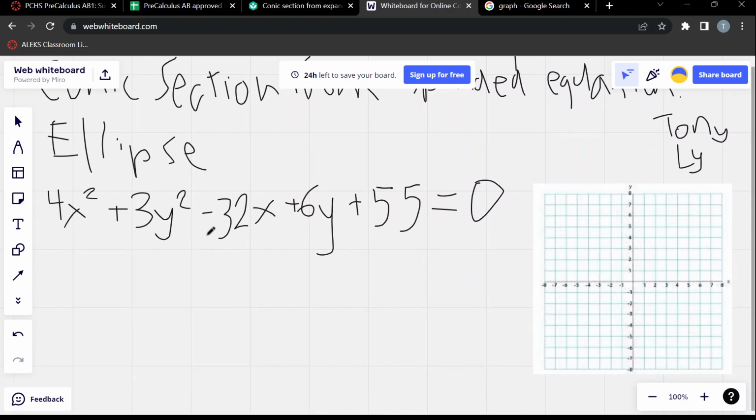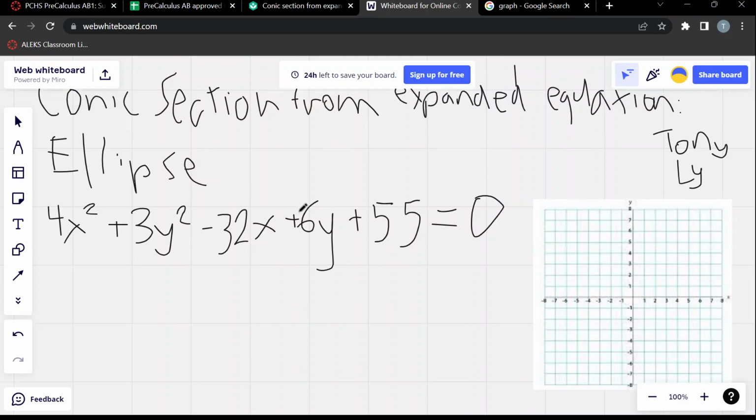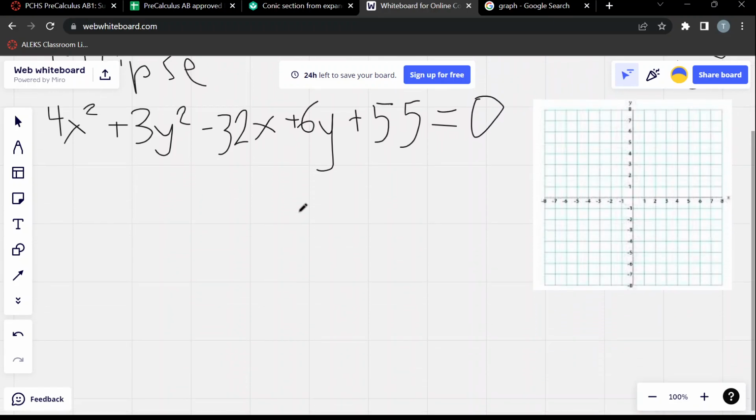To turn it into a standard equation, you need to complete the square with this expanded equation. So a good first step is to group the x's and the y's so that they're together and it's easier to know the x values and the y values.